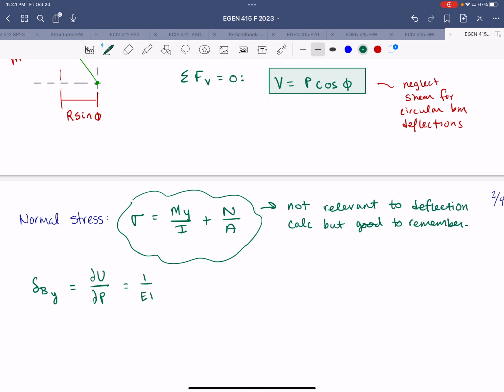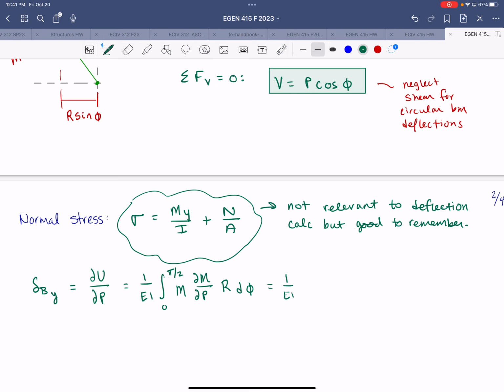So that's going to be 1 over EI times the integral from 0 to pi over 2 of the moment times the partial derivative of the moment with respect to P times capital R d phi.